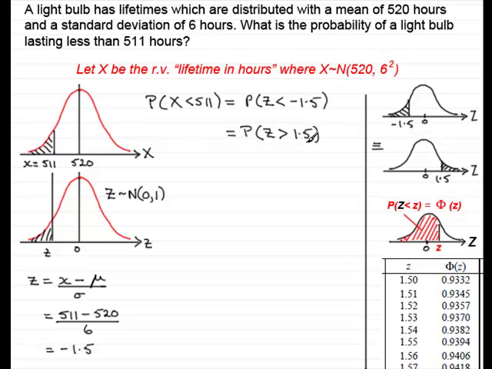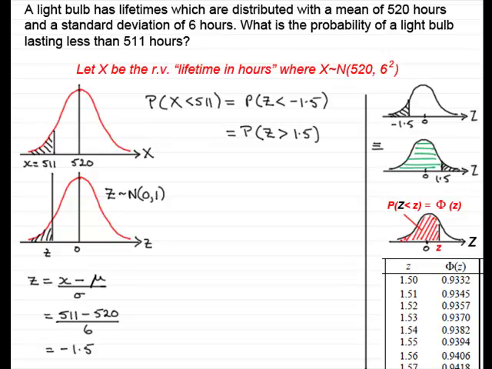But that doesn't help, because the tables only give us the area to the left of a z value. But knowing that the area under the whole graph totals 1, I could do 1 minus the probability of z being less than 1.5. That would be this area here if I shade it.